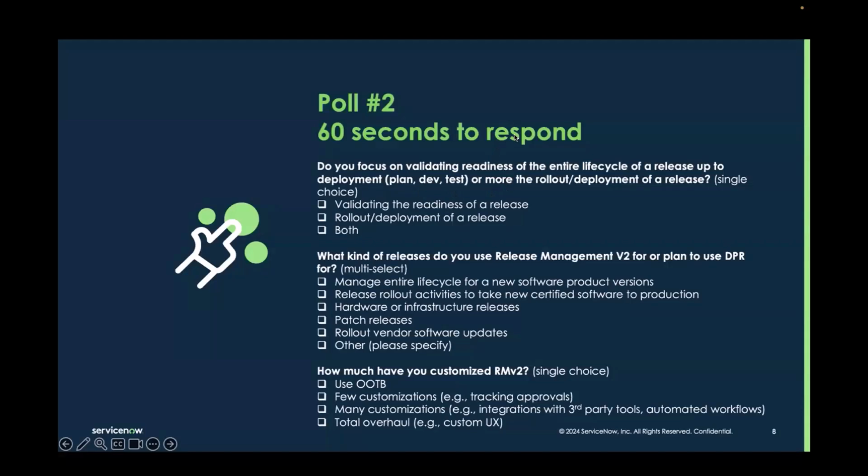Okay, so good number using release for both validation and deployment. So that's a lot of the customers when I was originally talking were on the validation side, but it looks like release v2 customers are using it for both. And then what kind? Across the board.